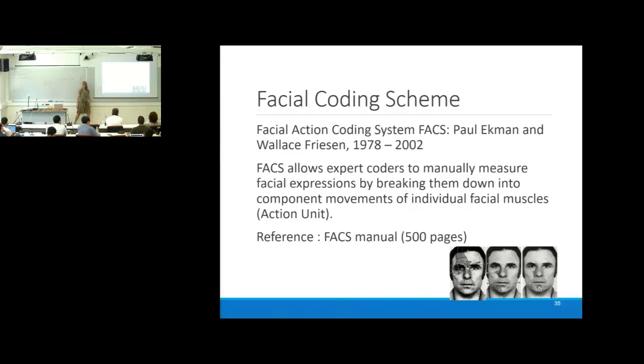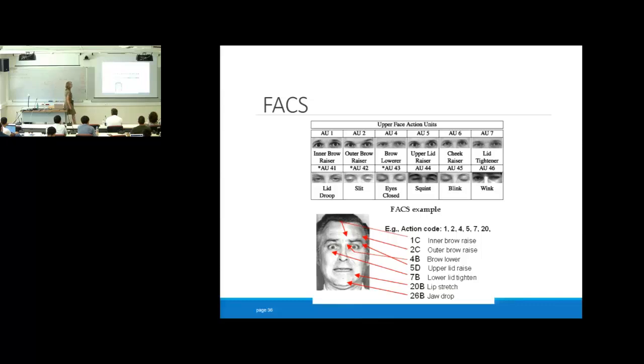So they determined FACS, which is commonly used, and it describes the minimal facial actions that are visible. For example, on the forehead, you have the frontalis muscle, a large, flat muscle, and you can control the inner part of the eyebrows up, and the outer part of the eyebrows up also.